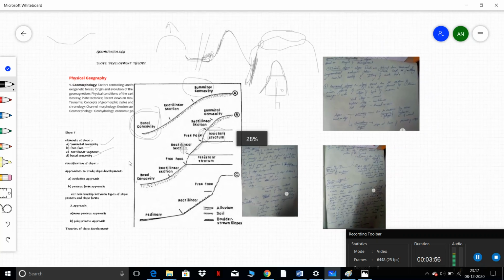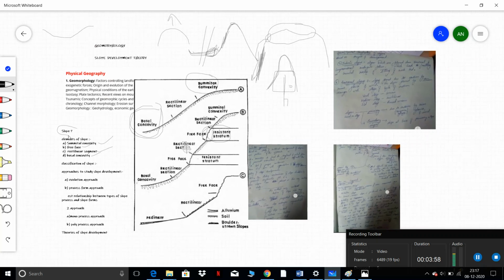Now, slope can be of two types. One is hill slope. The other is valley slope. Valley means, this is a particular hill, and here the river will flow. The river will have vertical erosion in its earlier period.